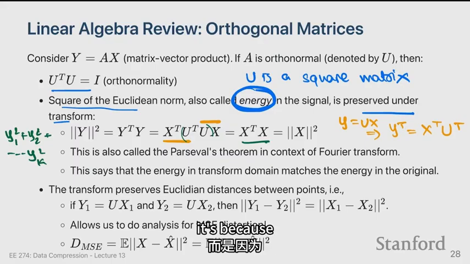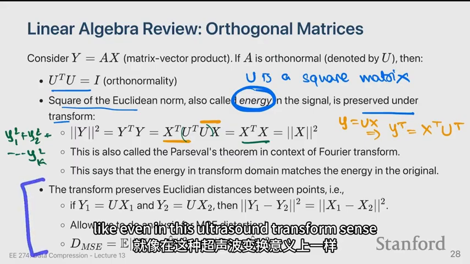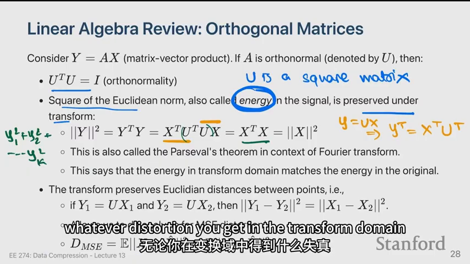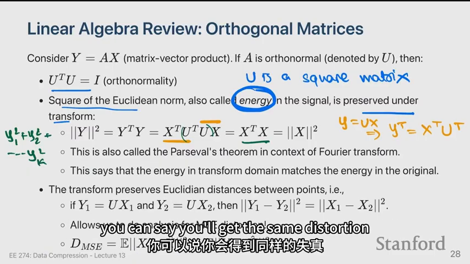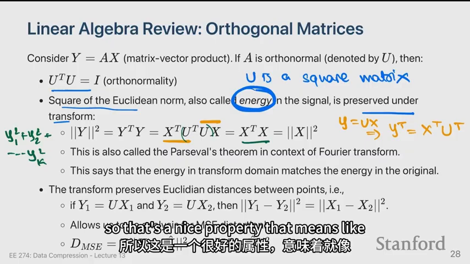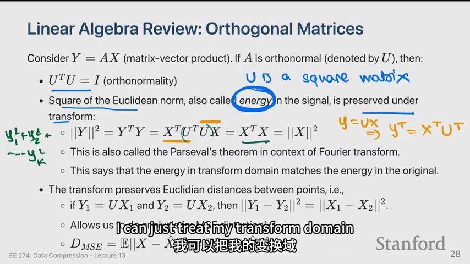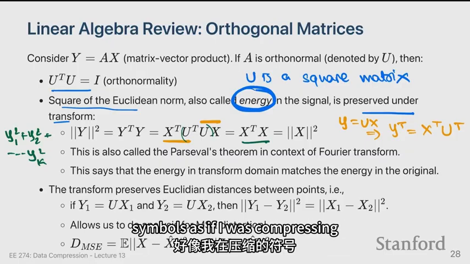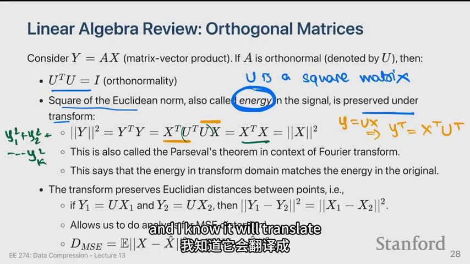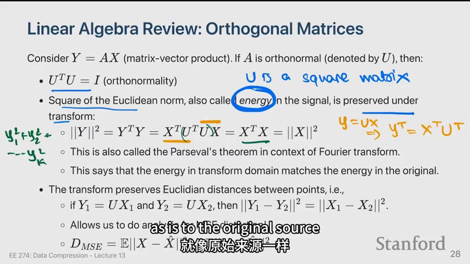Even in this orthogonal transform sense, whatever distortion you get in the transform domain, you'll get the same distortion for the original symbols. So that's a nice property. That means I can just treat my transform domain symbols as if I was compressing these things, do the best for them, and I know it will translate as is to the original source domain.